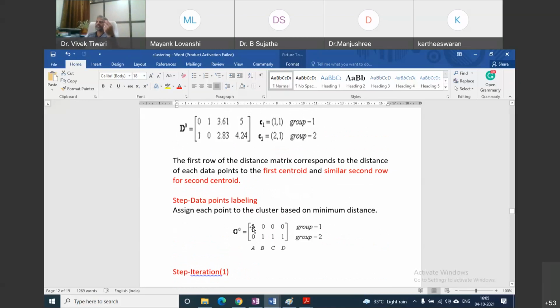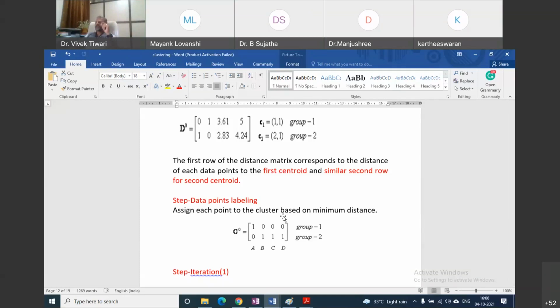For all the other data points, second, third and fourth, the distance to the centroid C2 is smaller: 1 is smaller than 0, 2.83 is smaller than 3.61, 4.24 is smaller than 5. So these 3 data points become part of cluster 2. A 1 means it is a member of cluster 2, and 0 means it is not a member of cluster 2. So these are the assignments after the first iteration. I think everybody agrees?